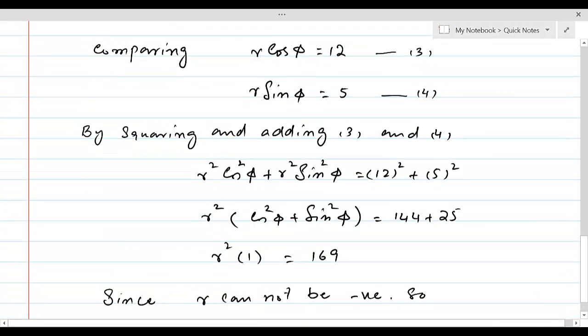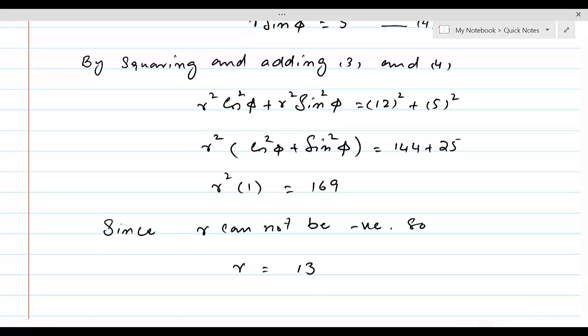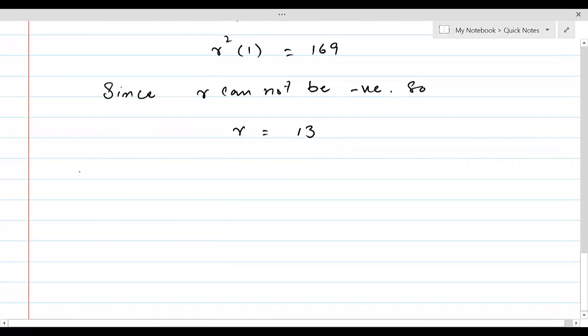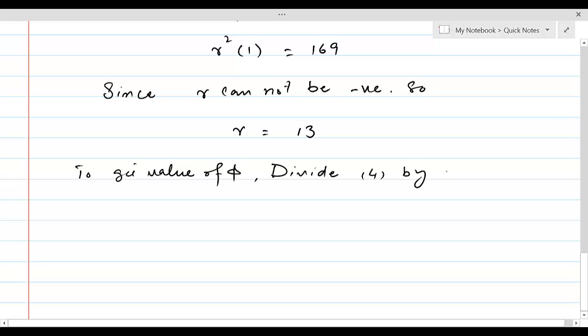And to get the value of phi, divide 4 by 3.